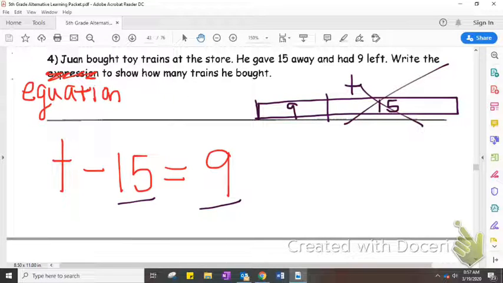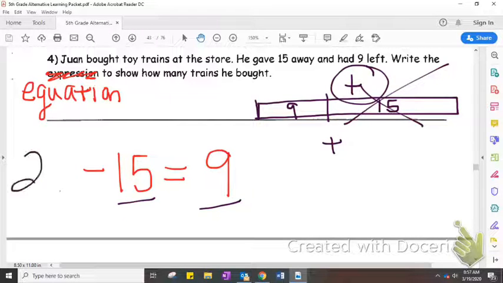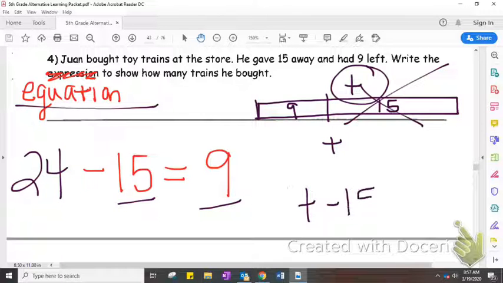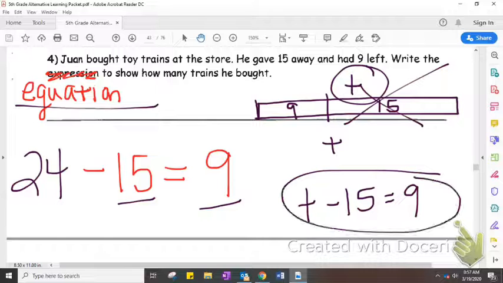Okay, so if I were to add 9 plus 15 together, it would tell me T. That's 24. Let's see if that makes sense. Is it true that 24 minus 15 is 9? It is true. Okay, so that means that my equation that I wrote, T minus 15 equals 9, I did it right. Sometimes checking your work can help.